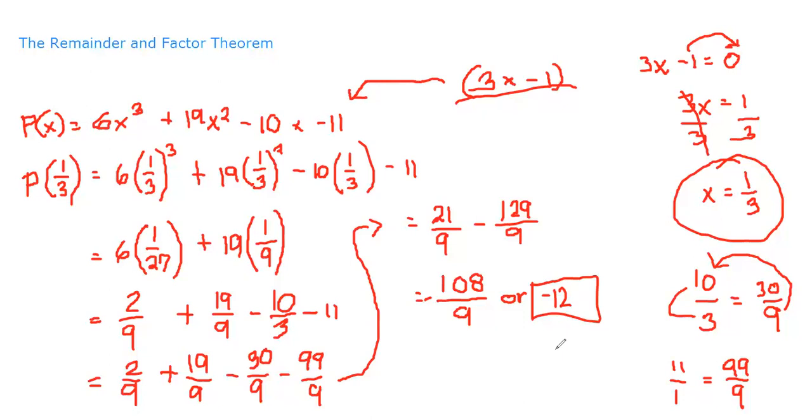Let's double check to see if there is any procedure I missed. 30 plus 99 is 129. So, we have a remainder of negative 12. So this is not a factor. 3x minus 1 is not a factor of our polynomial. So, take a screenshot.